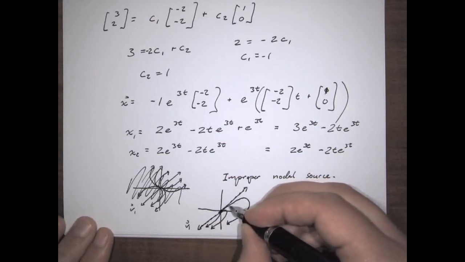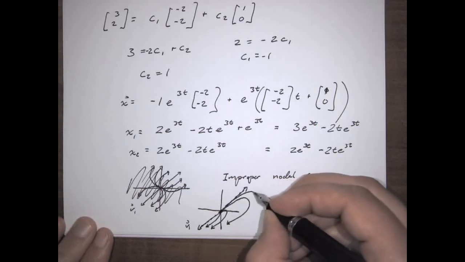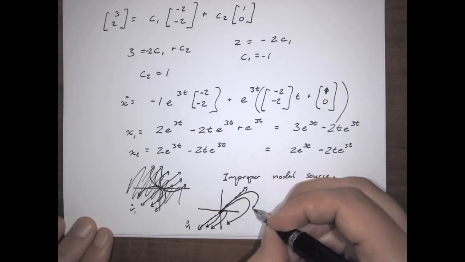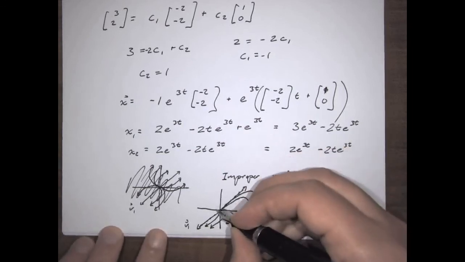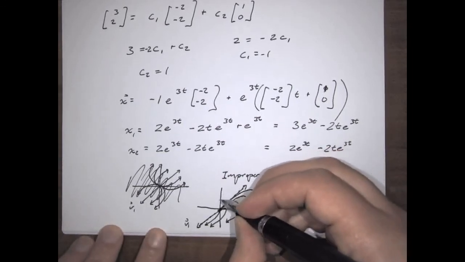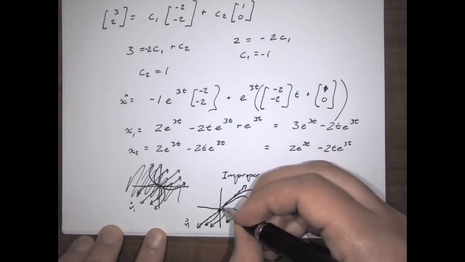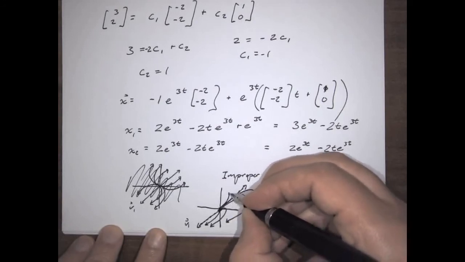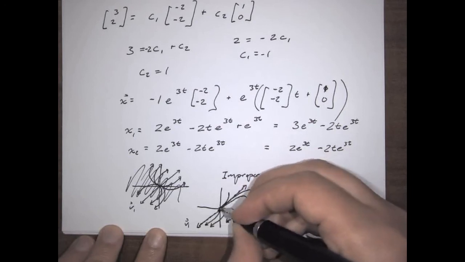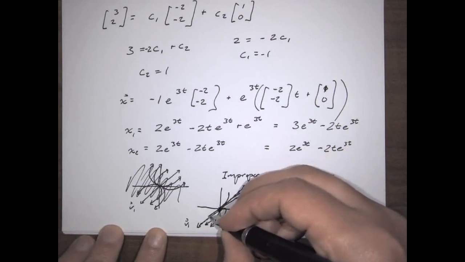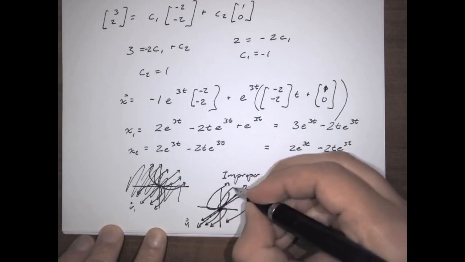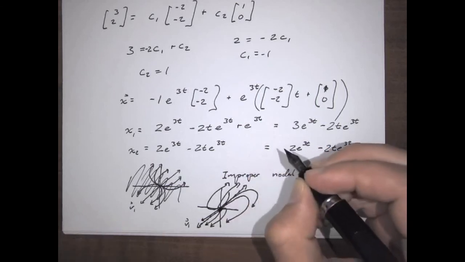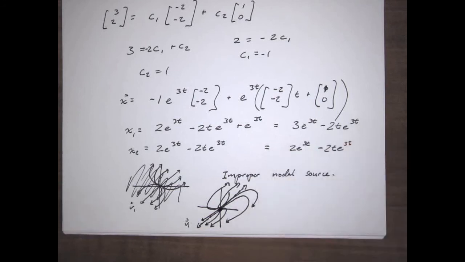On the other hand, if we are over here, we're going to be getting pulled, and it always has a kind of spirally look to it, so it's going to be like that, and then over here like that.